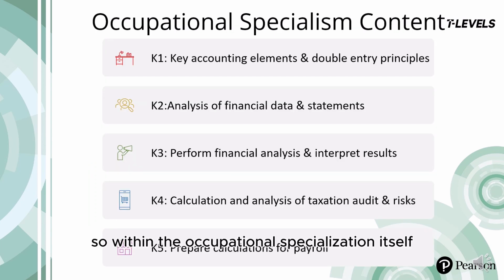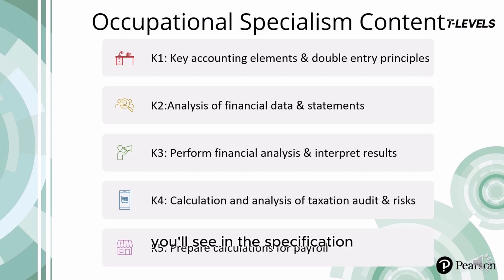Within the occupational specialism itself, there are a few things that you'll see in the specification that each of the areas looks at. There are performance outcomes, which we'll have a look at in a minute, there are the knowledge outcomes, and then there are specialist skill outcomes. For each of the performance outcomes, there are also knowledge outcomes.